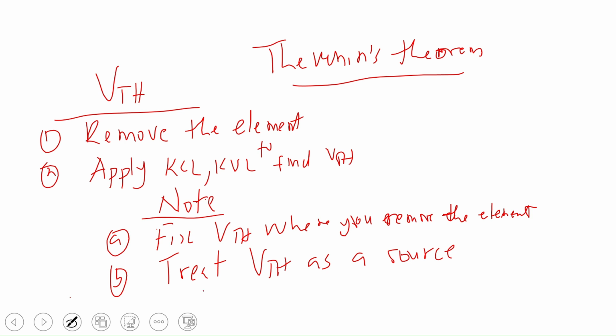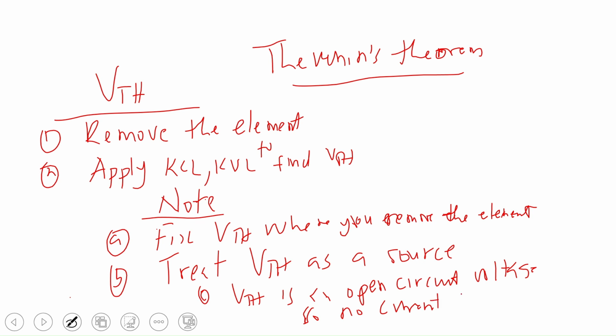Now, one main thing you should also know is that VTH is an open circuit voltage. It's an open circuit voltage. So, no current flows where VTH is.